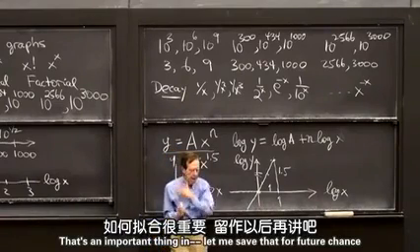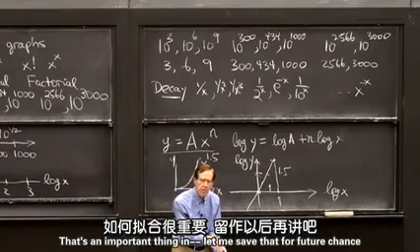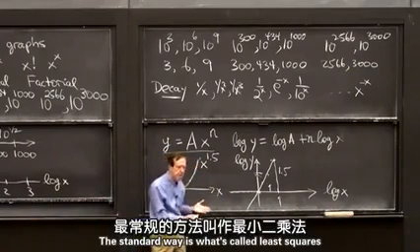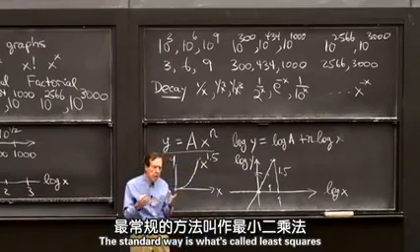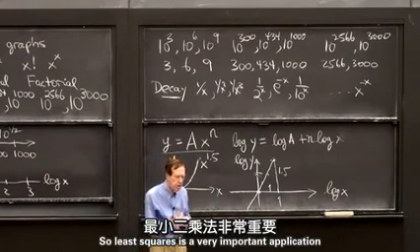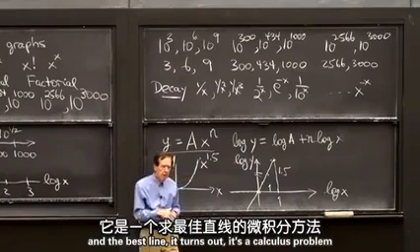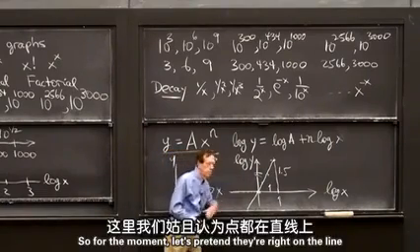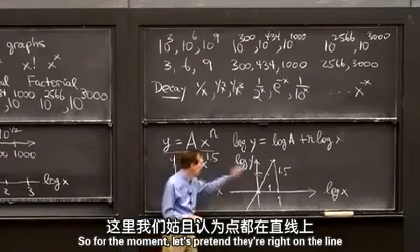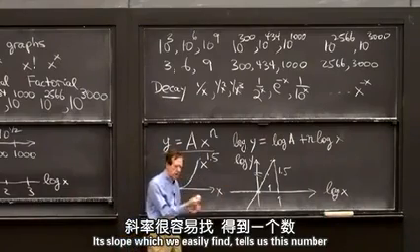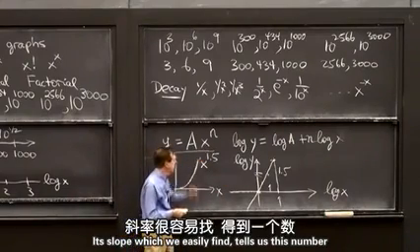Let me save that for a future chance. The standard way is what's called least squares. Least squares is a very important application, and the best line, it turns out, is a calculus problem. So for the moment, let's pretend they're right on the line. Its slope, which we easily find, tells us this number.